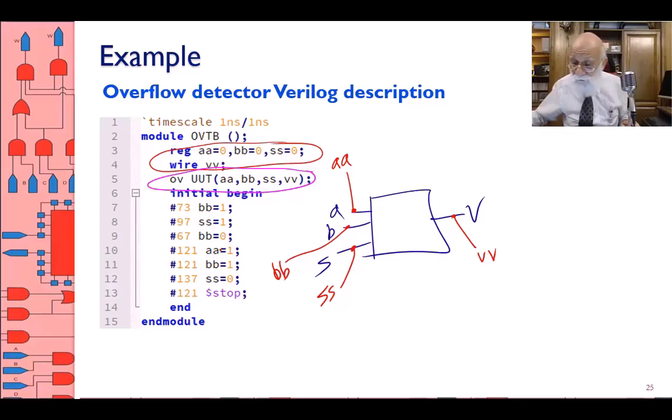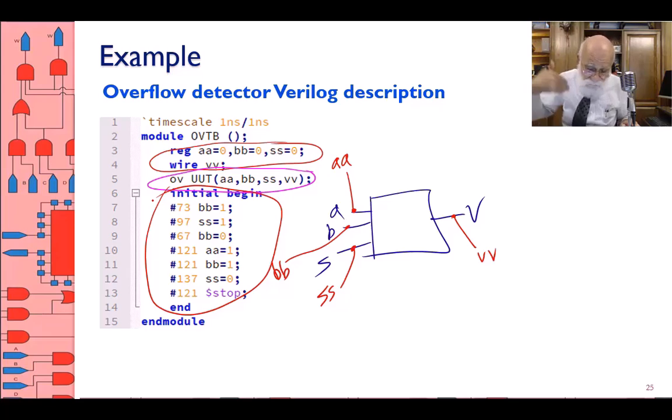The third part of the test bench is assigning values, which is this. Okay, in the initial block, which is what this is called, in the initial block, instead of concurrent statements, what I have is procedural statements. Let's read this. It says, wait for 73 nanoseconds. Why 73 nanoseconds?